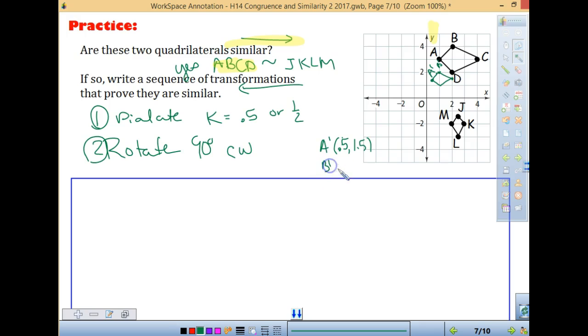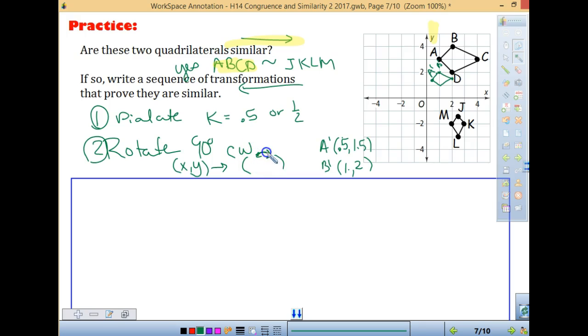B prime was located at 1, 2. It might be easier to go with the B prime than the A prime. So if I am doing that, going clockwise, what does my rule tell me? X, Y changes how? What would you tell us, Ariane?